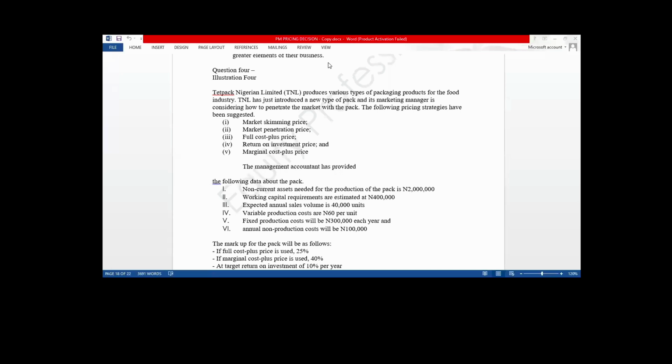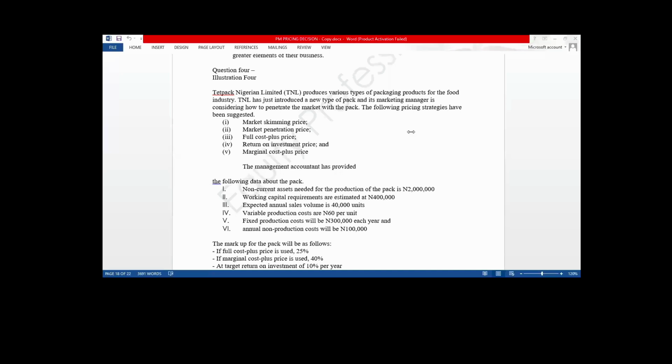Yes, Ablatif. To ascertain the price, it will be total cost plus percentage return on investment divided by expected unit volume. Thank you. To calculate return on investment pricing, under this method, total investment is calculated and a percentage return is also calculated.